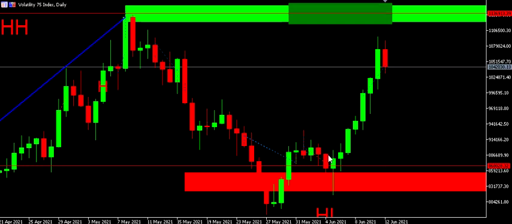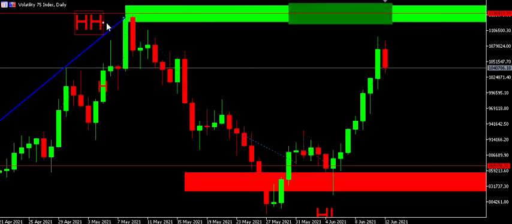Now we are on the daily time frame, and we can see that this is our higher high zone. This is the zone where we have the higher high on the weekly time frame. And we can see what has happened on the daily time frame.